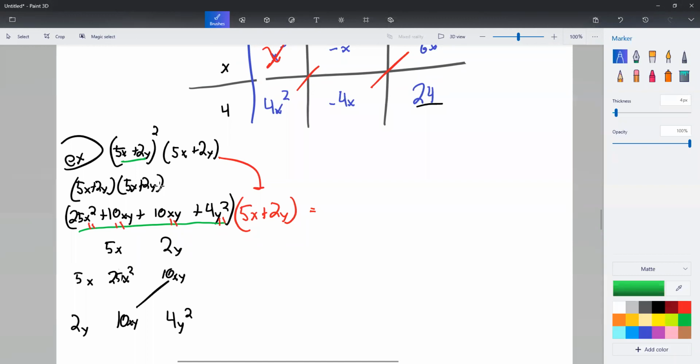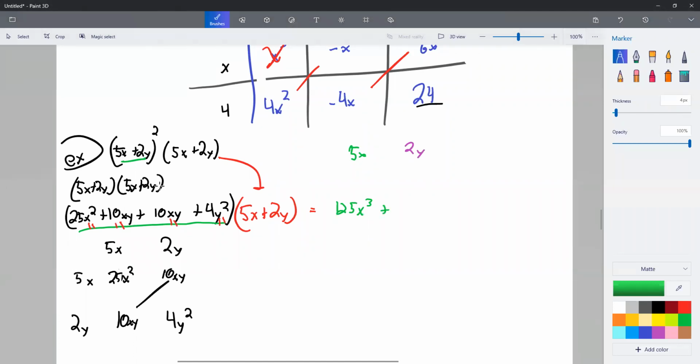Okay, and when I do that, the 5x is going to be green, and purple is multiplying by 2y. Okay, so 5x times 25x squared, we're going to get 125x cubed. You don't have to know that off the top of your head. I just do. You can use a calculator for that.